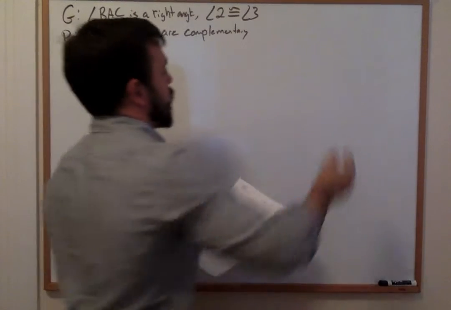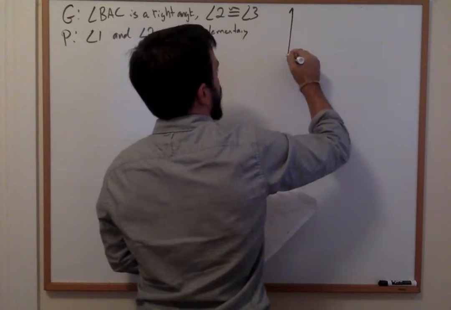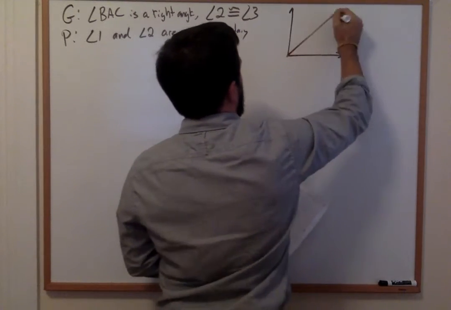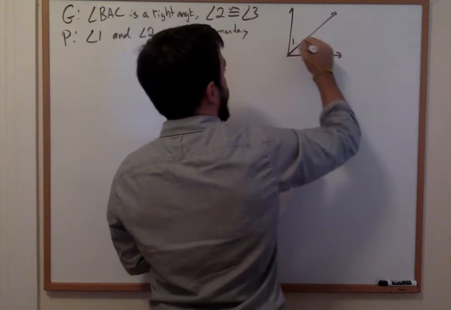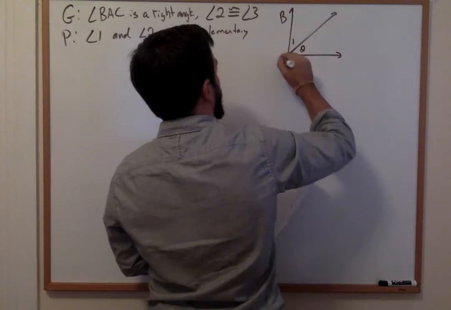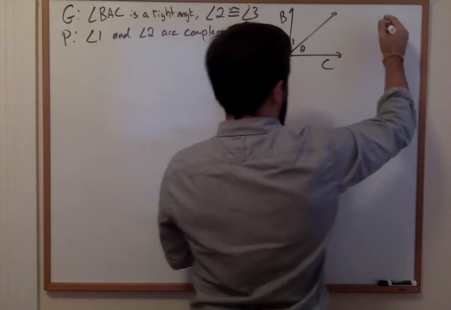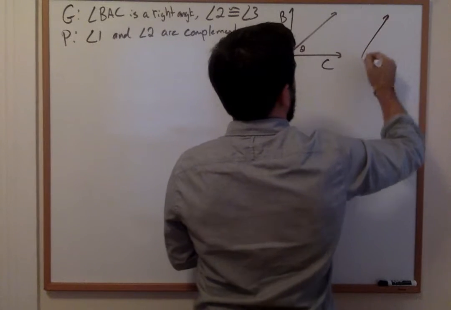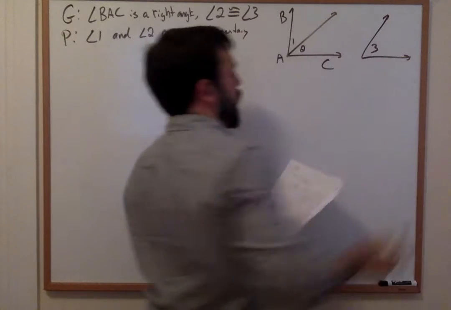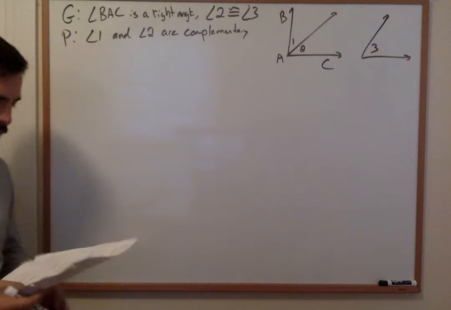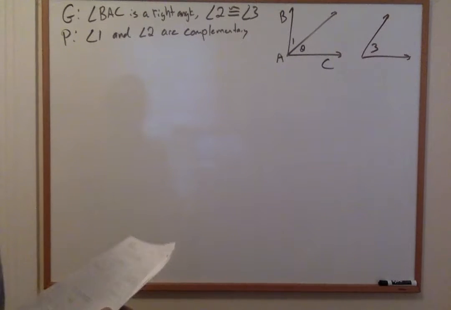Okay, let's put up our diagram. We have angle 1, angle 2, angle BAC, and then we have angle 3. All right. So, it's a bit of a longer one.